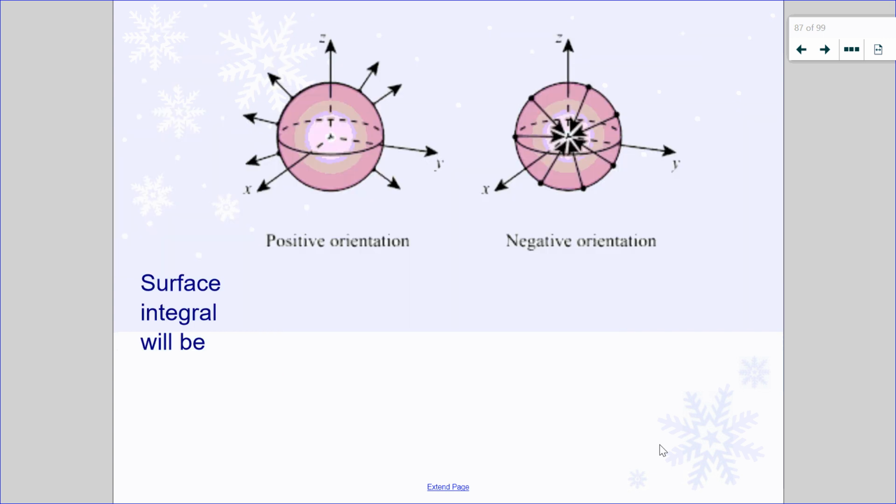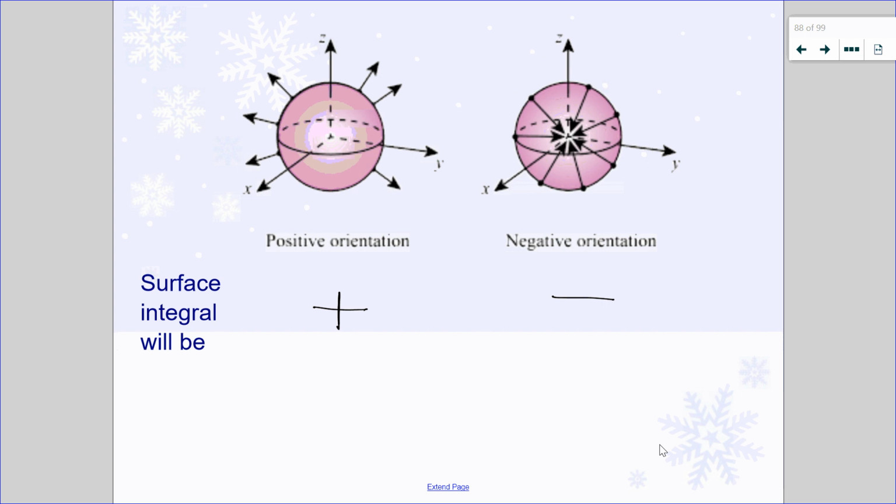Well, before we hop in, I just want to let you know, in terms of the orientation, if they tell you it has a positive orientation, your surface integral result will be positive. If the problem tells you it has negative orientation, your surface integral will be negative. So in the end, if you end up with a negative versus a positive integral and it's not the sign that you expected, you can just switch the sign.